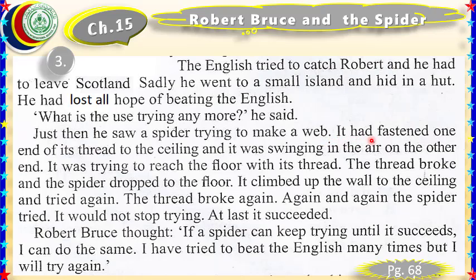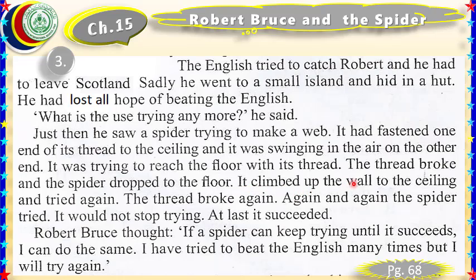The spider had fastened one end of its thread to the ceiling, and it was swinging in the air on the other end. It was trying to reach the floor with its thread. The thread broke and the spider dropped to the floor.